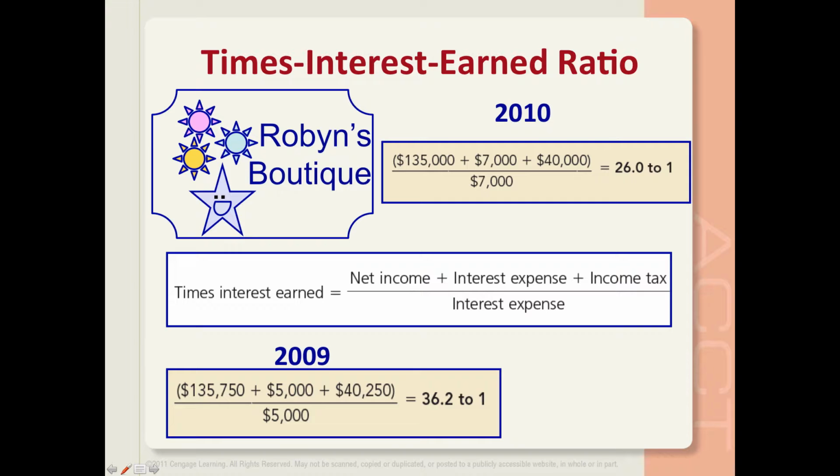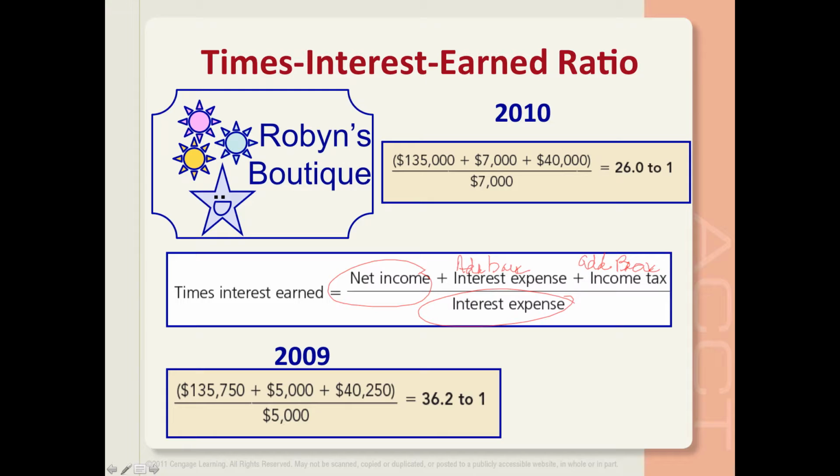And so in this particular case, we take net income, we add back the interest expense and the income tax. We then divide it by the interest expense. And so in this particular case, you see that in 2009, they were 36 to 1.